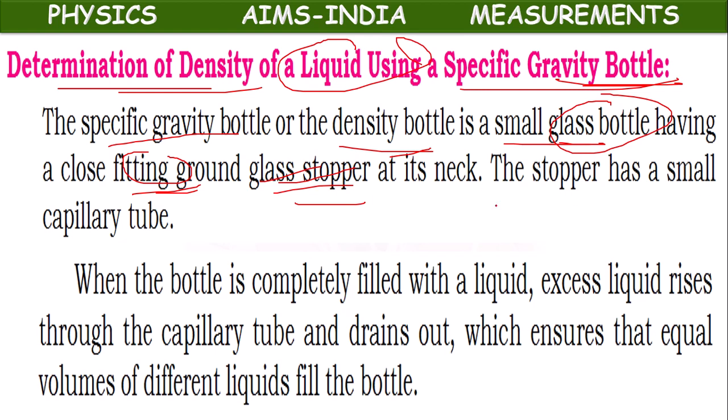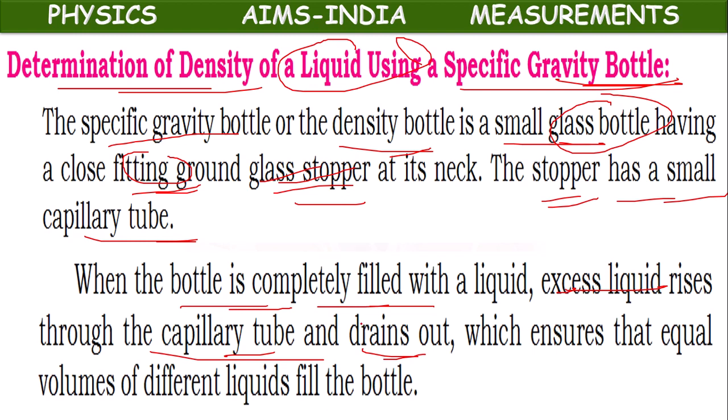The stopper has a small capillary tube, a small tube having small holes. When the bottle is completely filled with the liquid, excess liquid rises through the capillary tube and drains out, which ensures that equal volumes of different liquids fill the bottle.